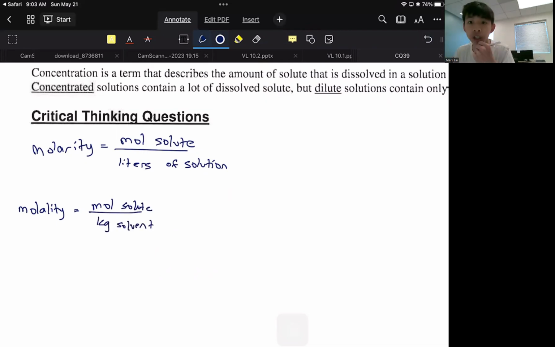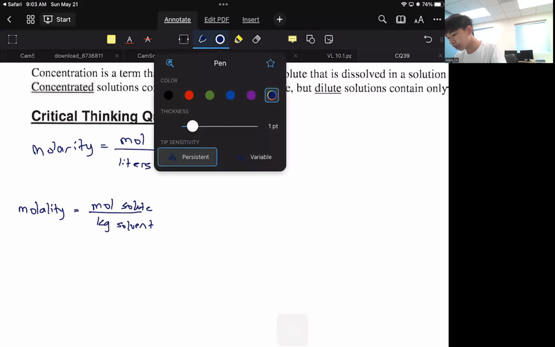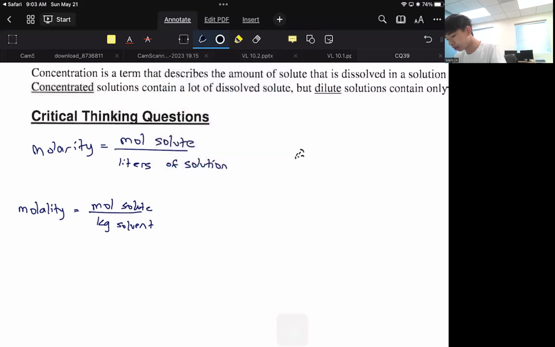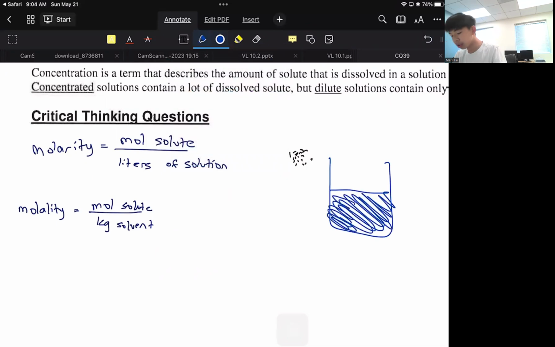And just a quick refresher: solute, solvent, solution. Let's say you have salt, right here, and then you have water here, a solvent of water, right?